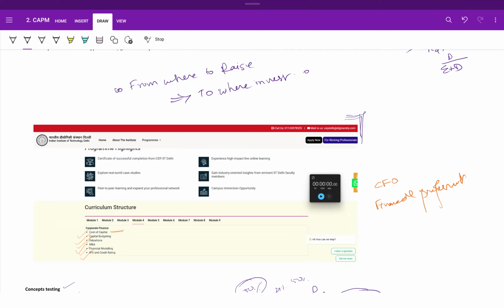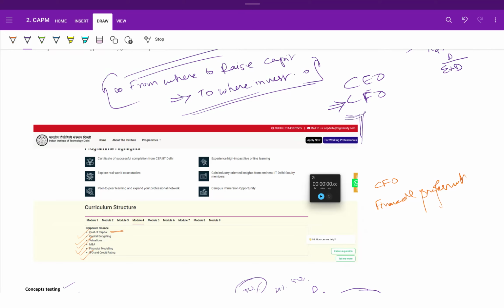This is basically the decision making that the top level management, the C-suite executives, CEO, CFO, or majorly the CFO, the Chief Financial Officer, actually do: from where to raise the capital and to where to invest the capital. They control the inflow and the outflow of the capital. So that's why weighted average cost of capital comes into play.